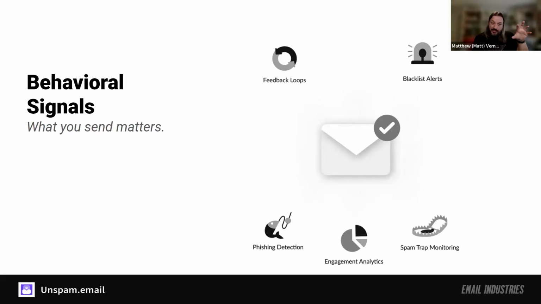Some ESPs, apologies, will filter out what we refer to as non-human interactions or bot clicks, bot opens, and others won't. So you might have one ESP you've been sending from for a long time. Your open rates look fantastic. They're 75%. Your click rates look great. They're 20%. Then you go to another ESP who does filtering around non-human interactions.